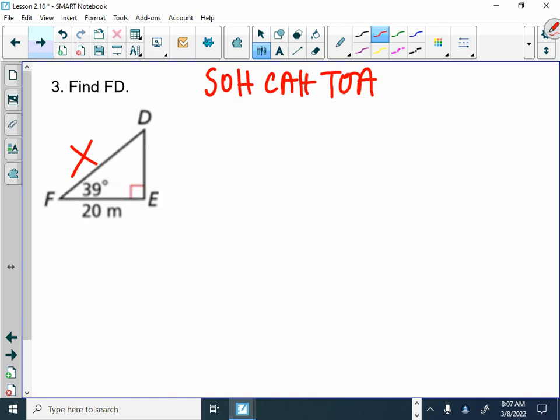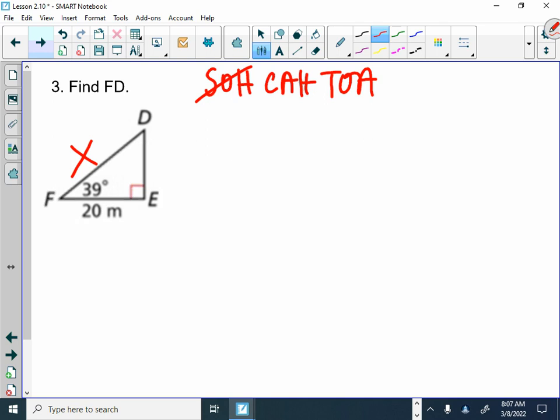I'm given angle F, so I need to look at how those two sides relate to angle F. Let's start off with 20. Opposite, adjacent, or hypotenuse? Adjacent. So which one does that automatically throw out? Sine. Sine's gone.